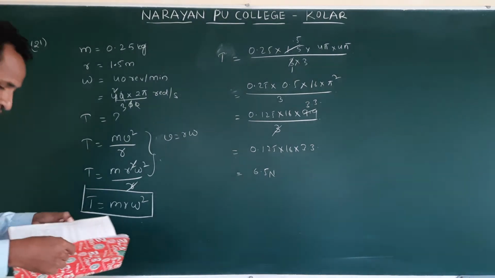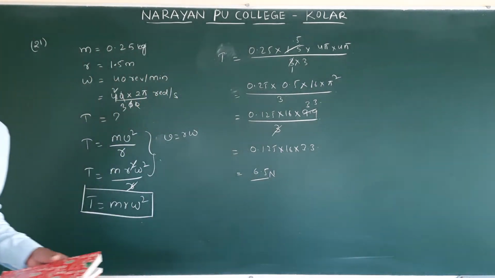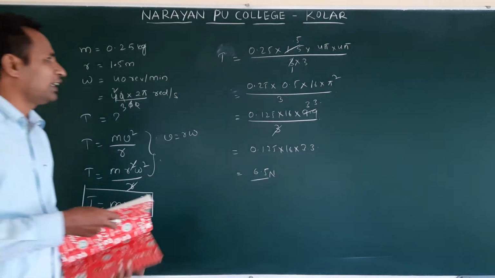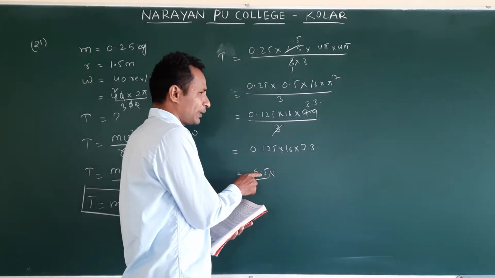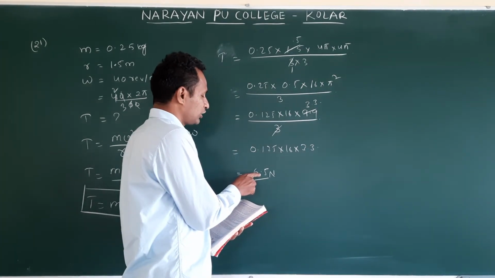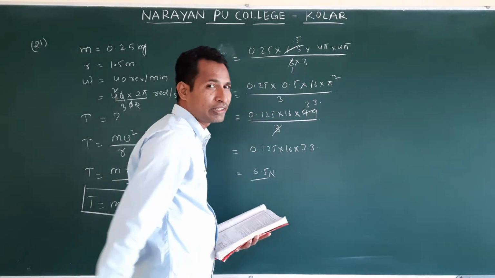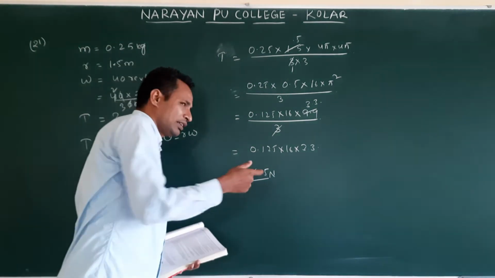They given 6.6. We got 6.54 actually. So 6.5 Newton. Absolutely. So here, why did we get 6.5 instead of 6.6? The reason is we have taken only one decimal place. That's why. So don't worry. If one decimal is not correct, then that will not be wrong.